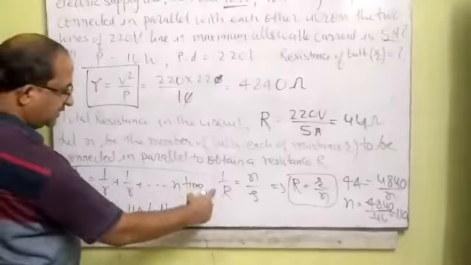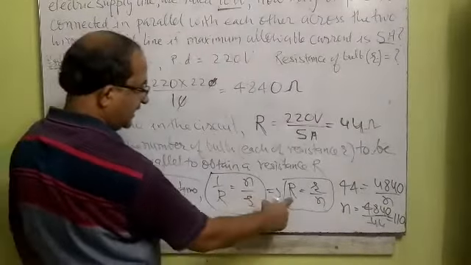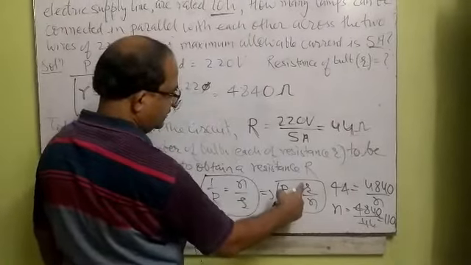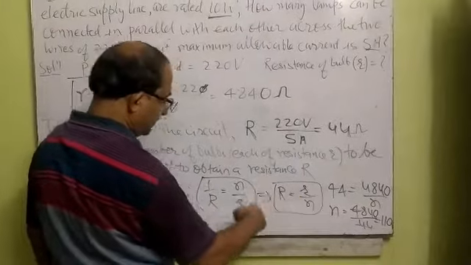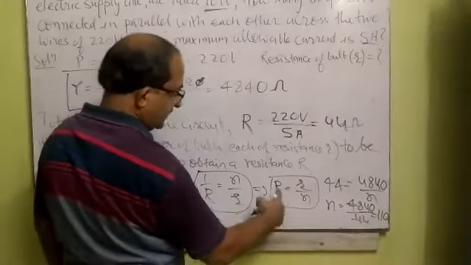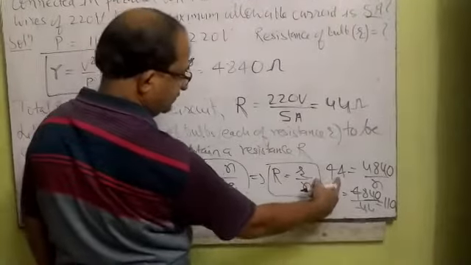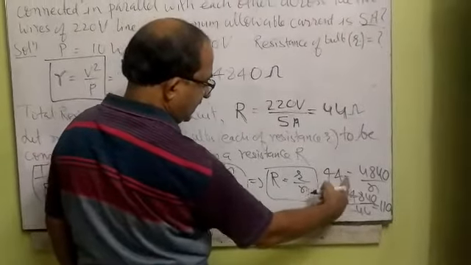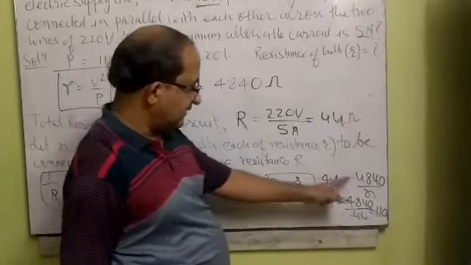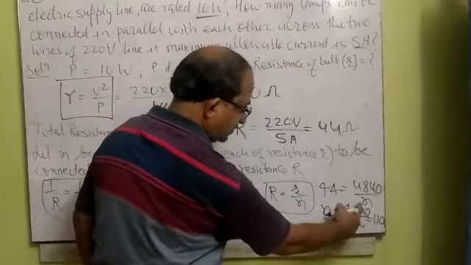That is why 1 upon R can be found as n by r, and it implies capital R is small r by n, when all the bulbs are connected in parallel combination. Now capital R, the total resistance offered by all bulbs, is equal to 44 ohm, and the individual bulb has resistance 4840 ohm divided by the number of bulbs n.